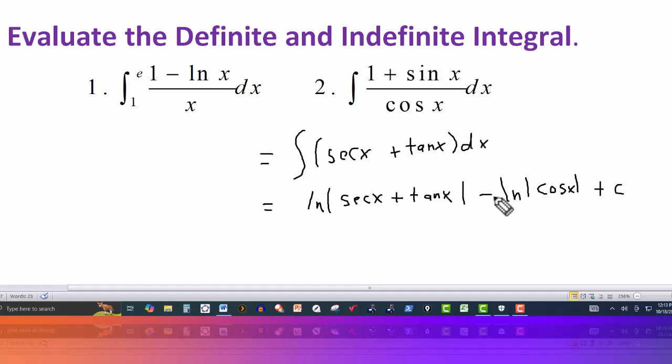It's just another way to write it, because if you take this minus here and put it as an exponent to the -1, this becomes 1 over cosine, but 1 over cosine is secant. So you might see it this way. You might see it with a plus here. Instead of cosine here, it'll be secant. But this is the integral for this particular one. Again, this one has a constant of integration because it's an indefinite integral. Over here we have a definite integral.